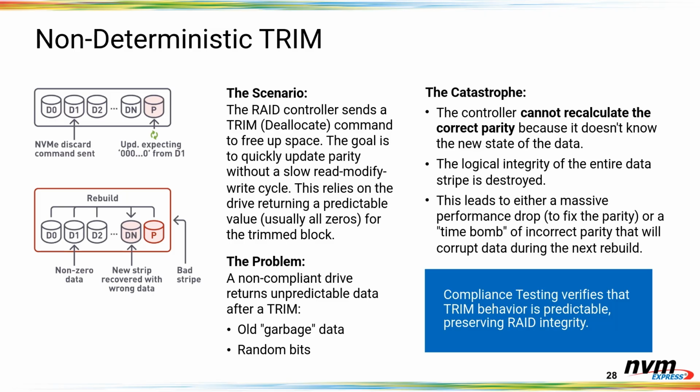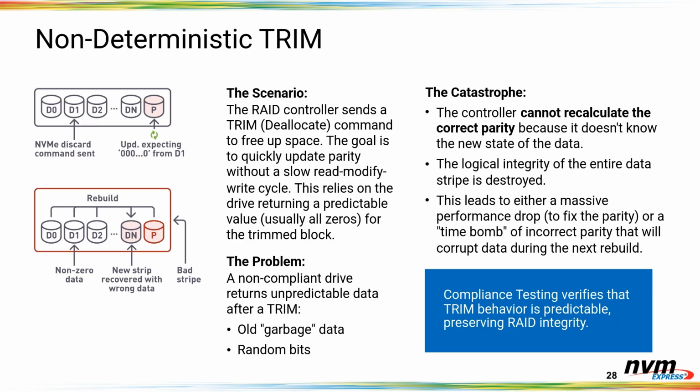Let's assume that the drive mentioned, DN, doesn't return 0 after the trim command. In this case, if we do trim for not the whole stripe, for example, we do trim from the file system starting from the D1 drive.